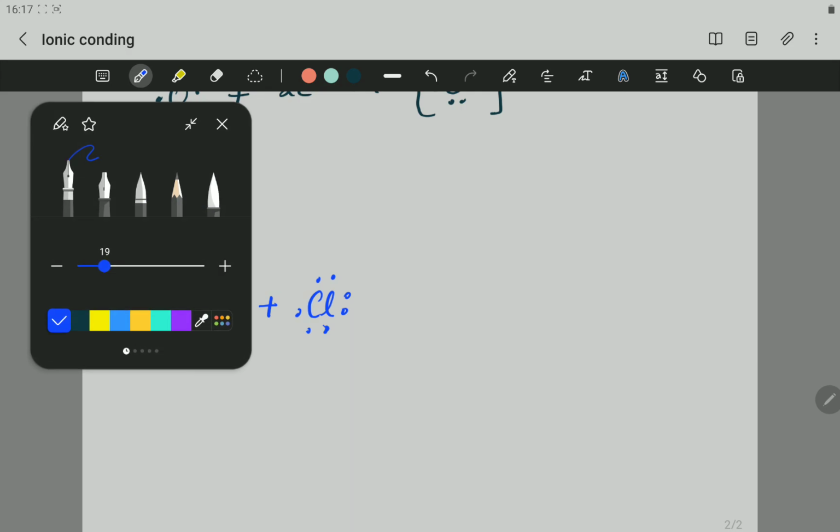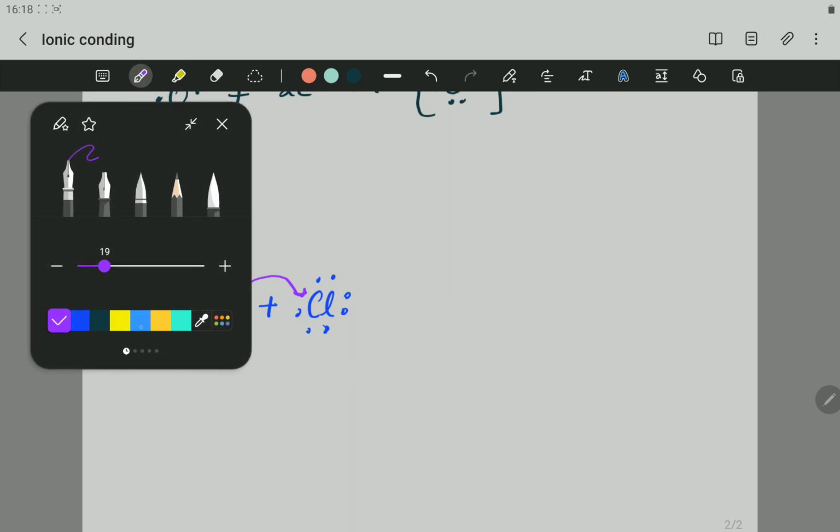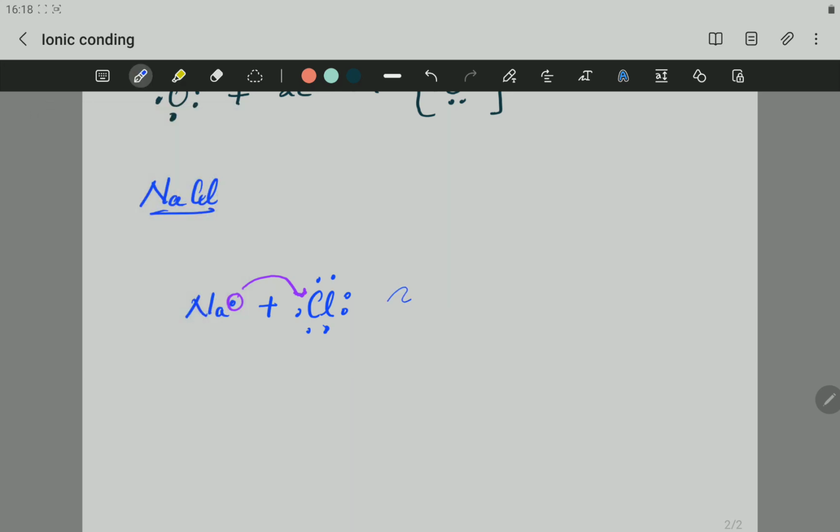What is going to happen? The electron that sodium has here is going to be transferred to chlorine. So in the product, the formula unit will be sodium with a positive charge because it lost that valence electron, and chlorine will have 8 valence electrons, the 1 extra from sodium, and therefore it will be negative. So this is the Lewis notation for sodium chloride.